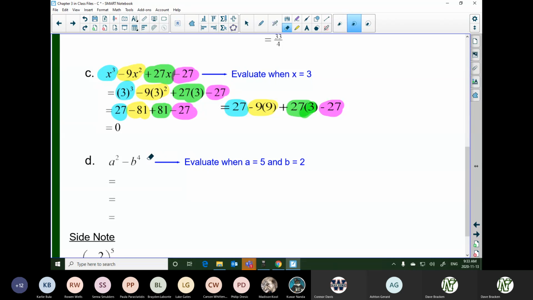You guys try this one. Plug in for A and plug in for B. Solve and see what you get here. Okay, and I'll take this up in about a minute.